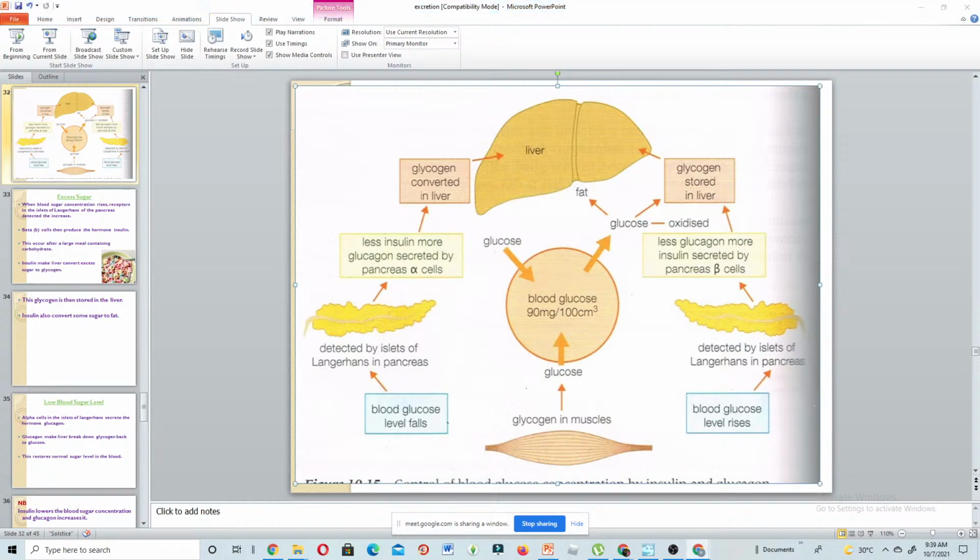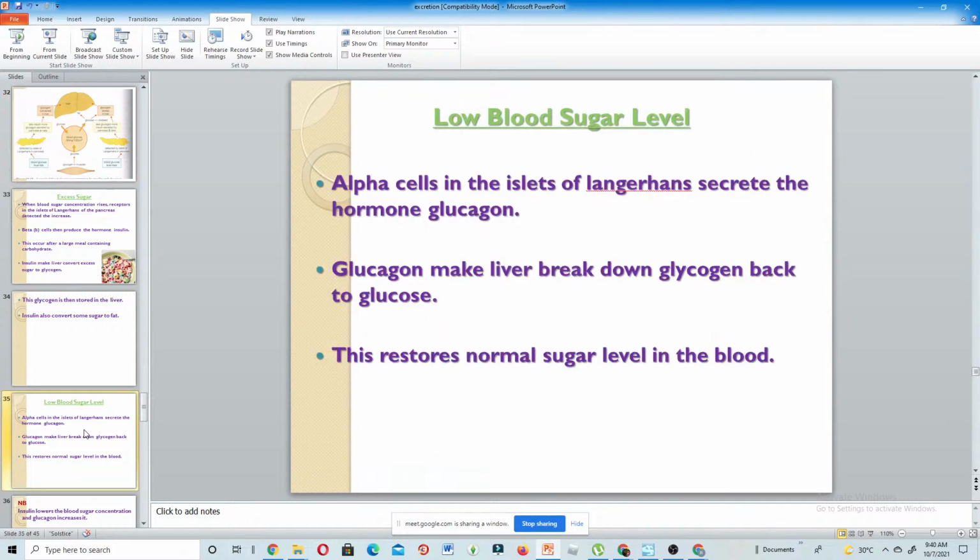Me, sir. Right, perfect. So it is that glycogen. Remember that glycogen is a stored format of glucose. So when there is not enough glucose in the human body, it just goes and draws back from that reserve. The glycogen is now converted back to glucose in the liver, so that the blood glucose level can rise or increase, going back to what it's supposed to be.